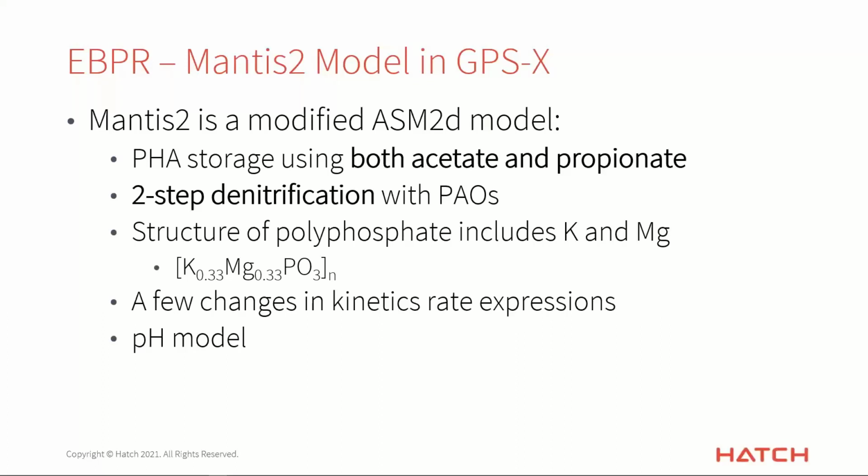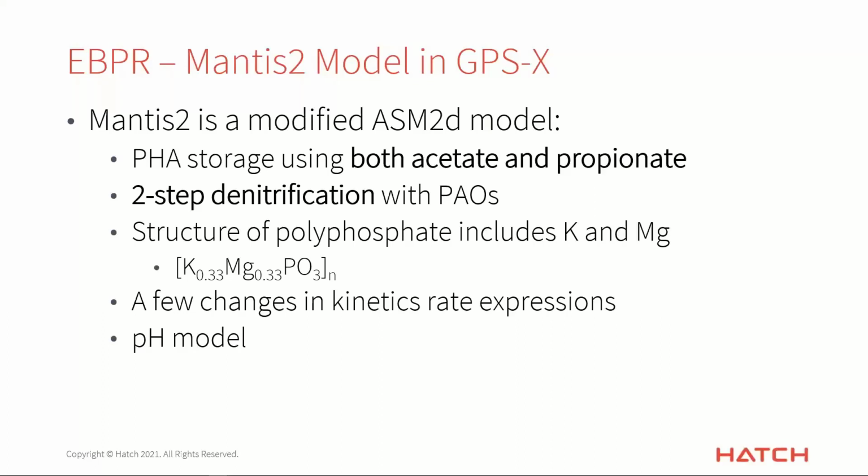We also have a two-step denitrification with PAO. So this is now moving beyond what was in ASM 2D. The phosphorus accumulating organisms do denitrification in an anoxic zone. I'll be showing you an A2O system in a moment where that will be happening. So that's an advancement. We also have included these inorganic components that are important later on in the digester for the precipitation aspect.